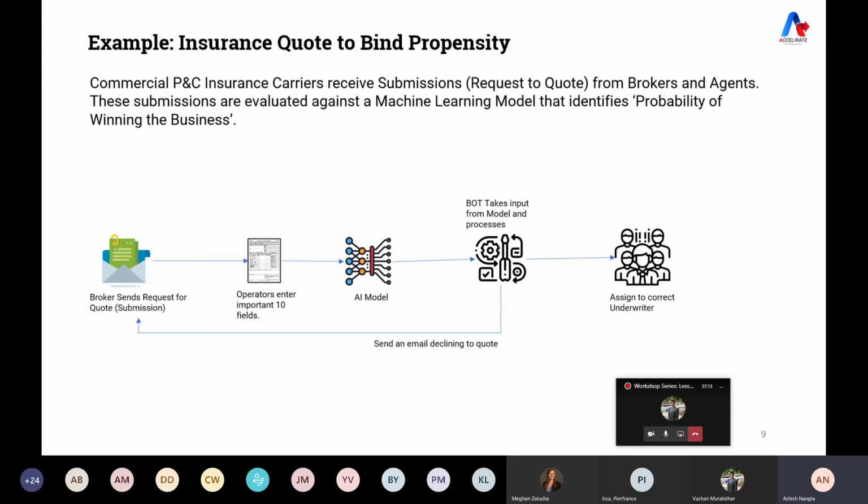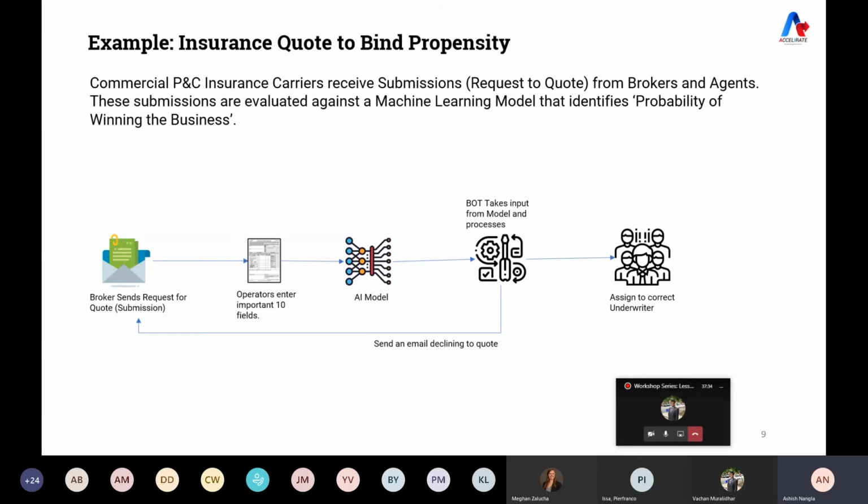The broker sends in a request. There are a few important fields that an operator looks at in that email and types into our model. The model then scores the propensity that this is actually going to bind.